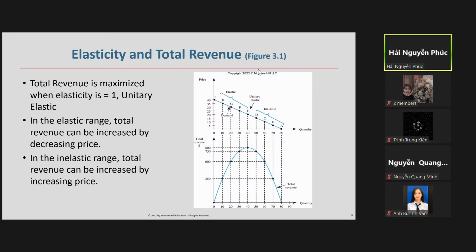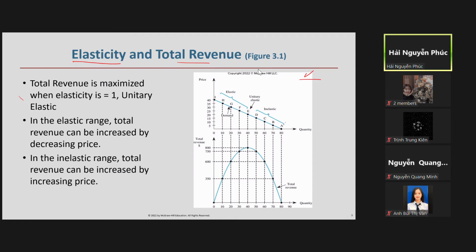Now let's move to the next graph and formally derive the conclusion about the relationship between the price, the elasticity and the revenue. All right, elasticity and revenue. If you look at the graph, you can see that along the demand curve, we have the following.